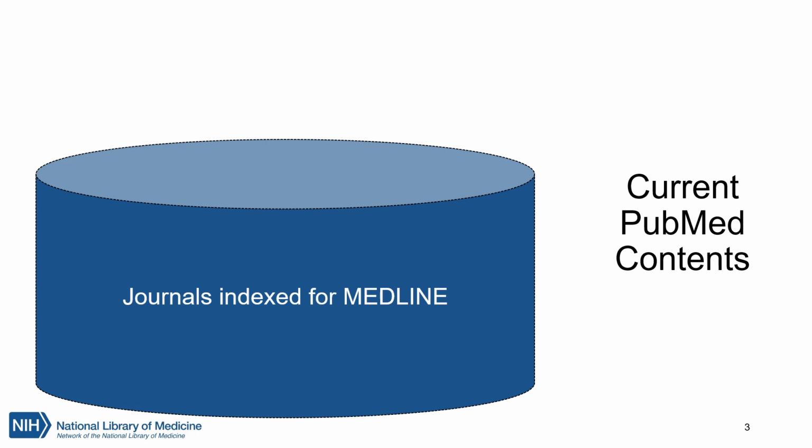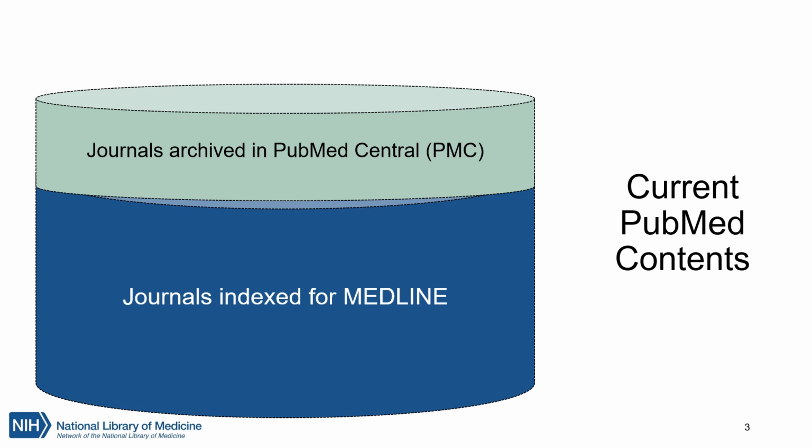Another component of PubMed is PMC. Today, we'll discuss three different types of PMC content that appear in PubMed results, including archived journals, author manuscripts, and preprints. First, PMC contains the full text for journals selected for the PMC collection.